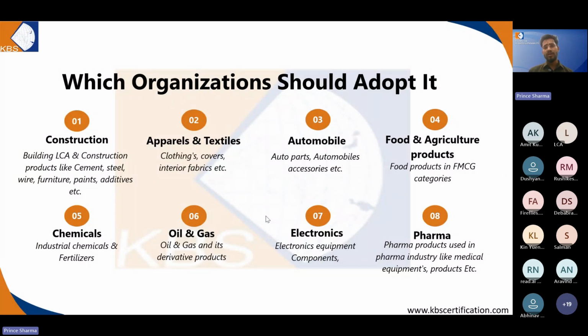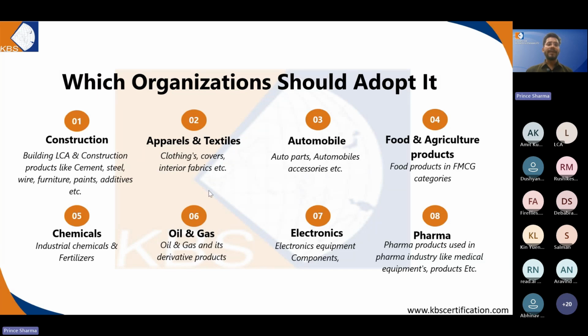Apart from that, we are also asking builders what is the LCC, that is life cycle costing, and we have discussed it in our previous webinar in detail: the life cycle assessment, environmental part, then LCC, life cycle costing, and after that the social life cycle assessment. It is a very important thing, and we have already discussed it in our previous webinar. If you want to get insight into that, then please go to our KBS channel and check it out.